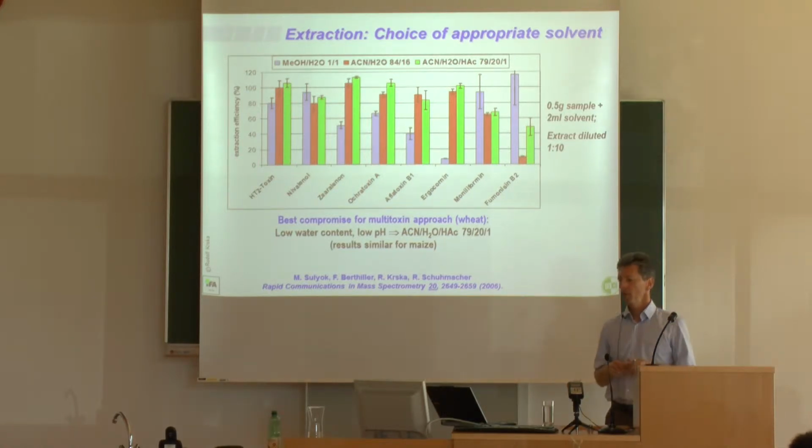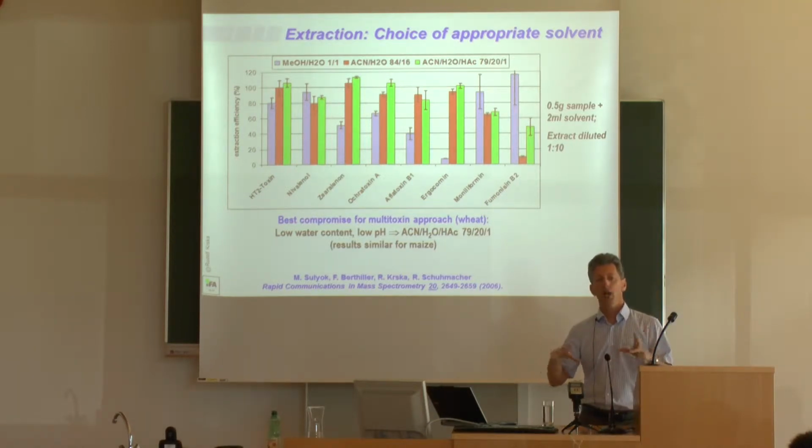So you've seen in my previous presentation that the mycotoxins cover a wide range of chemical properties, polar to apolar, and they can certainly not easily be extracted with one single extraction solvent properly.